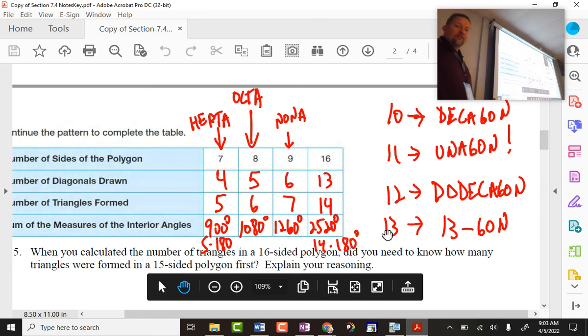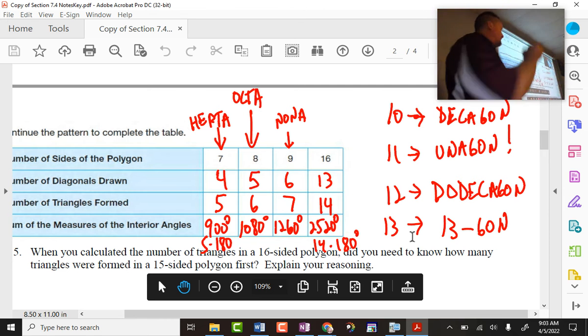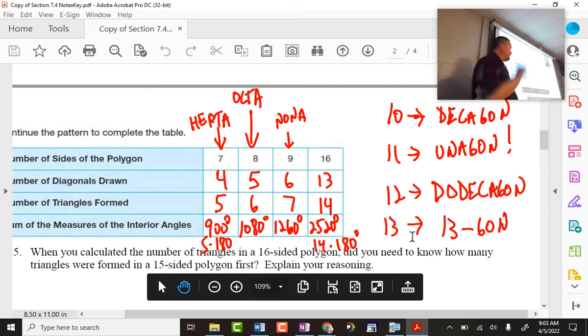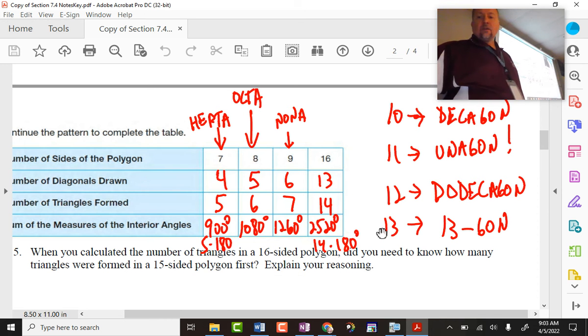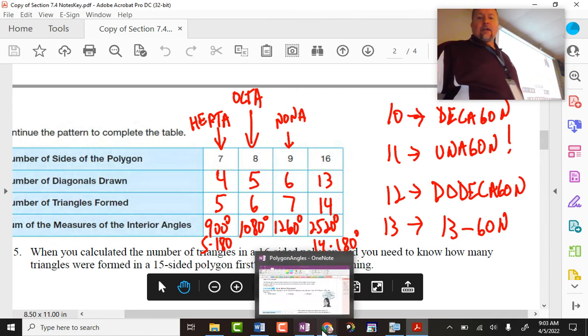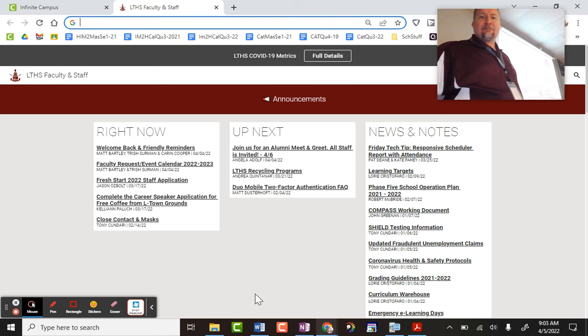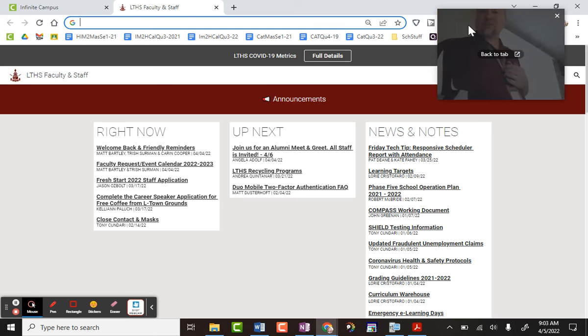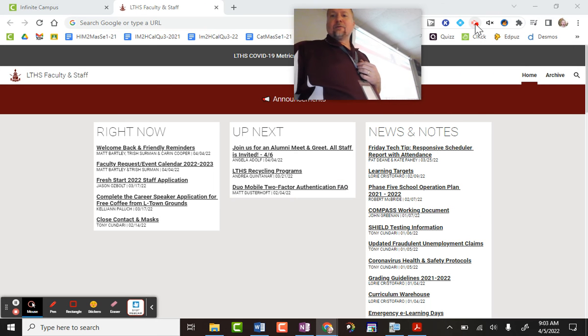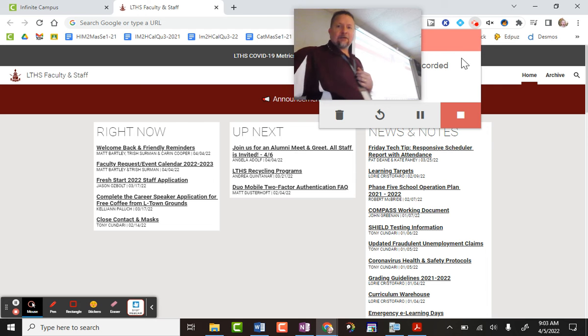I believe there are names for these other ones, but then we just kind of give up on the names and say 13-gon, 14-gon, 15-gon, and so on when the numbers get moving up. Okay, so kind of caught up, even though that was quick because I forgot to do the notes video when I started. Sorry about the bad sound.